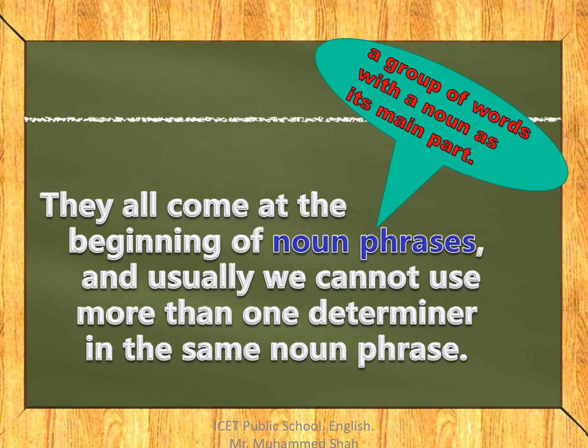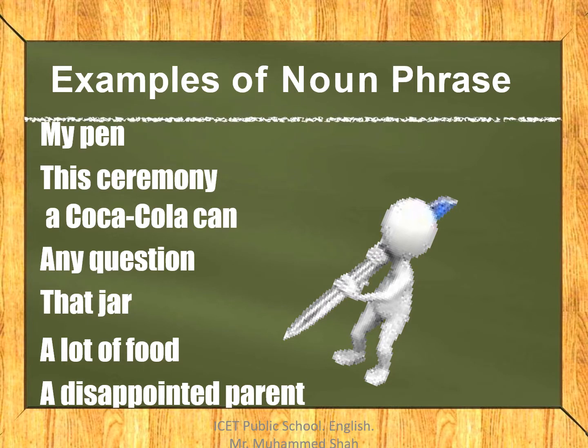I will tell you what the determiners are. They come at the beginning of a noun, and we can't use more than one determiner in the same noun phrase. In a sentence, for one noun, generally we can use only one determiner. More than one is not possible. Exceptional cases are there.